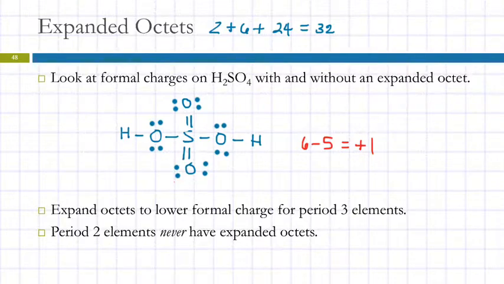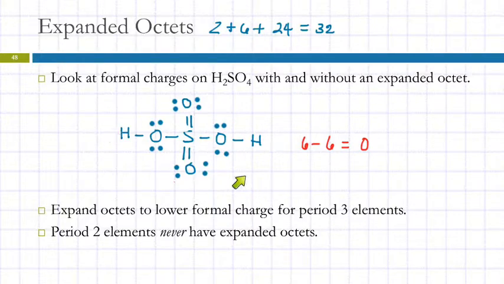You can do the math. That's a 0 formal charge. What about the sulfur? Well, sulfur brought in 6, and now it would leave with 6. So the formal charge would be 0, right? 6 minus 6 is 0.